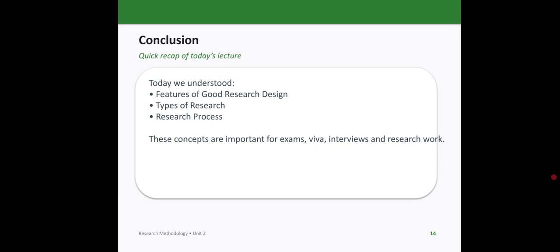We learned that good research design improves the research quality. Different problems require different types of research, and research follows proper systematic steps. These concepts are the foundation of research methodology.